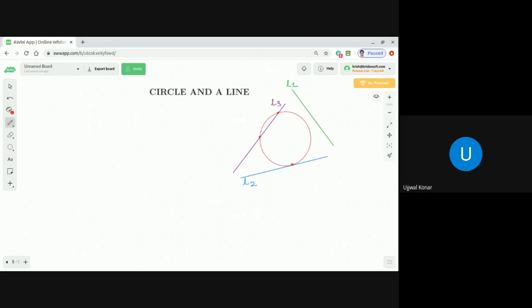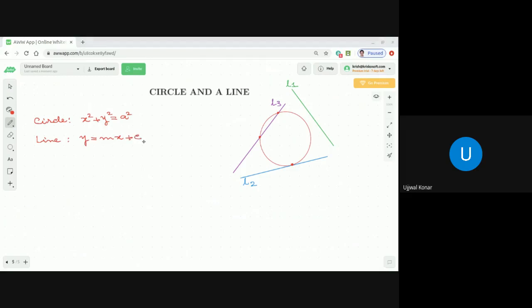We discussed it in points and straight lines. But keeping that discussion aside, let us consider the equation of the circle as x square plus y square is equal to a square. That means it is a circle with center at the origin and radius a units. And the equation of the line, let's take it as y equal to mx plus c.